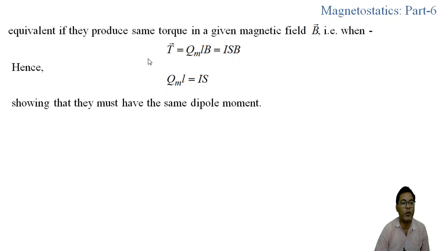Therefore, we can say the torque T equals QmLB, or that is equal to ISB. So here QmL equals IS. This is the proof that a small current loop can be considered as a magnetic dipole.